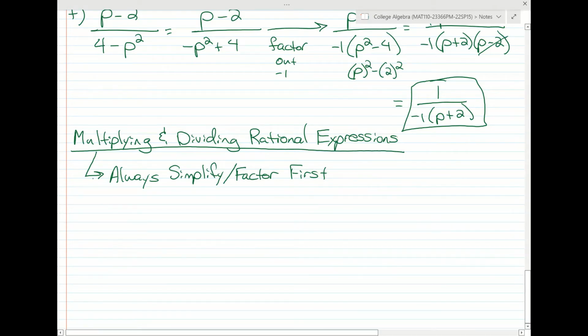Next step is once you simplify or factor, the next step is to multiply straight across.